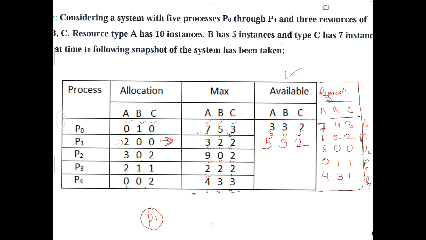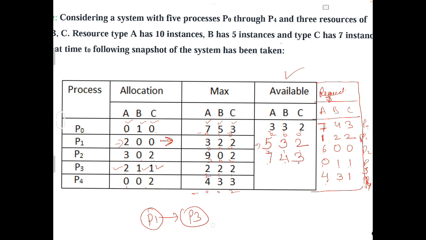We have only 5. P2 will not execute. P3 needs 0, 1, 1. This is less than whatever is available, so P3 will execute. When P3 executes, it releases what it was holding, 2, 1, 1. Now available resources will be 7, 4 and 3.